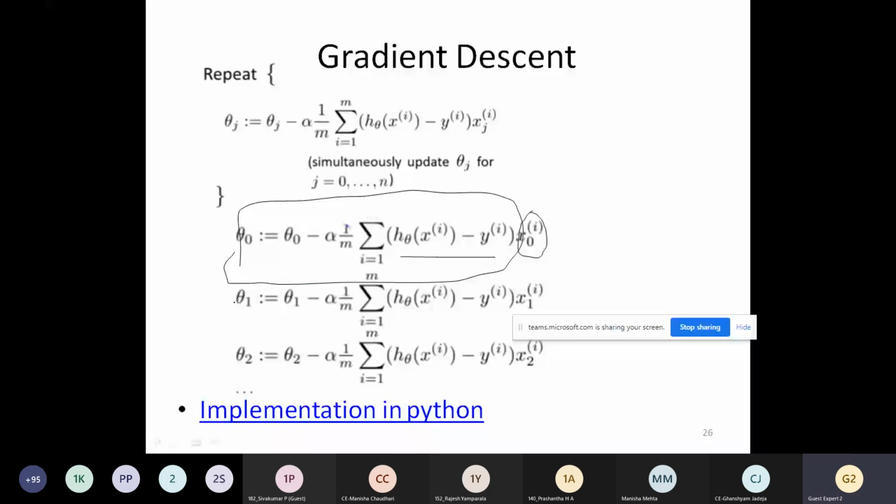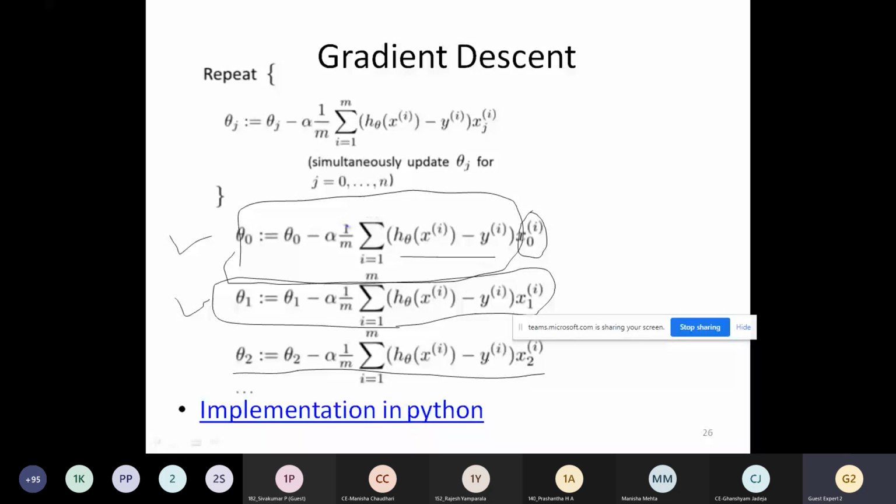Then theta 1 is equal to theta 1 minus alpha times 1 upon m, and this. This is the same as simple linear regression. Now in simple linear regression you have only 2 thetas, but in multivariate regression we also have to calculate theta 2. So theta 2 is equal to theta 2 minus alpha times 1 upon m, sigma i equal to 1 to m, h theta of xi minus yi, times x2 superscript i.